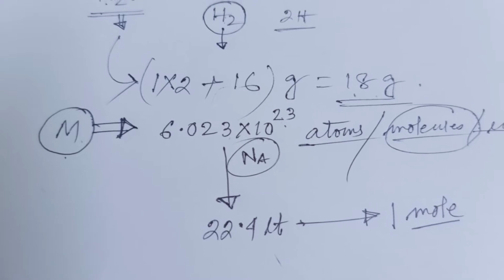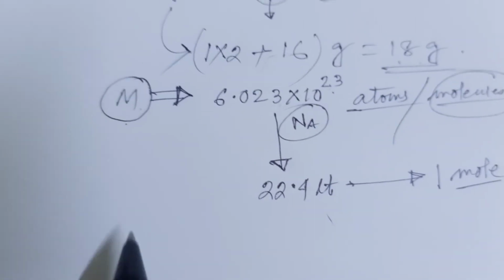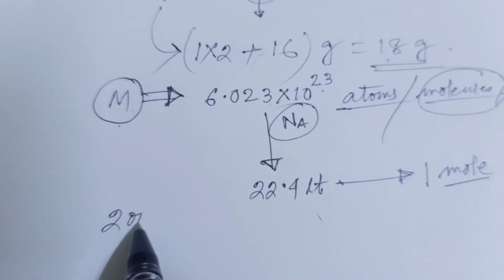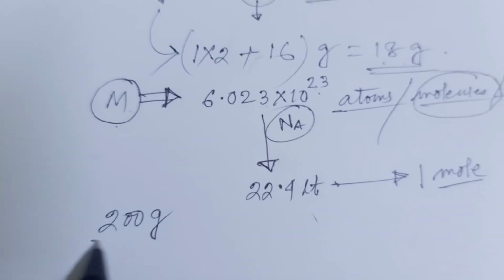So the mass of the water within the cup is 200 gram.